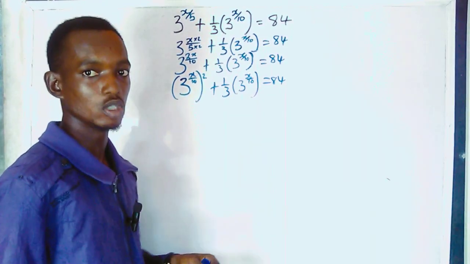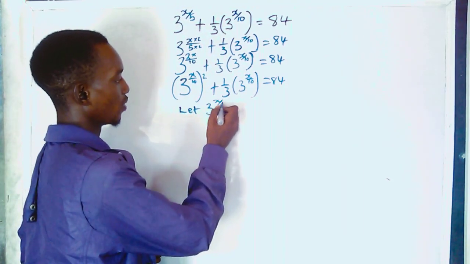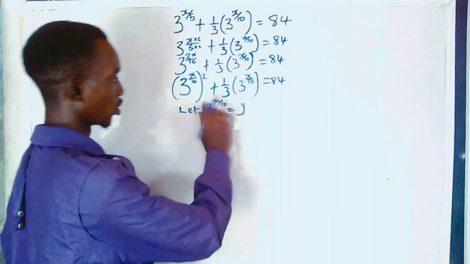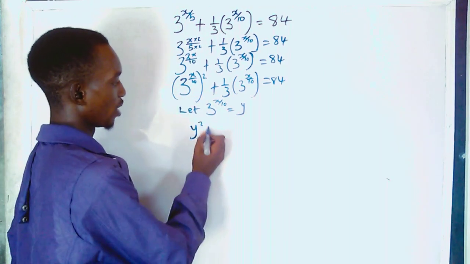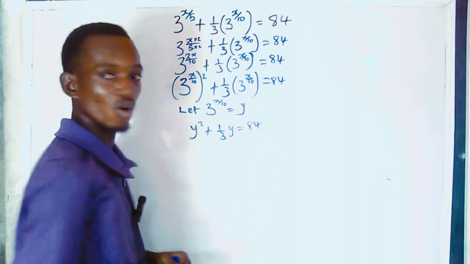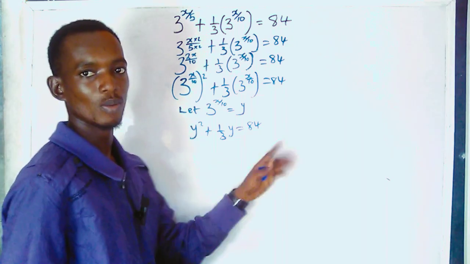We simplify by substitution. We say let 3 raised to the power x over 10 equals y. Can you see? Let it equal y. So here now we're going to have y squared plus 1 over 3y equals 84. This has led us to a quadratic equation. Now before we continue, let's multiply through by 3.